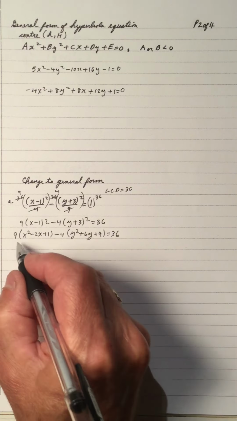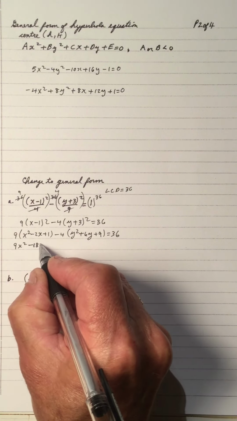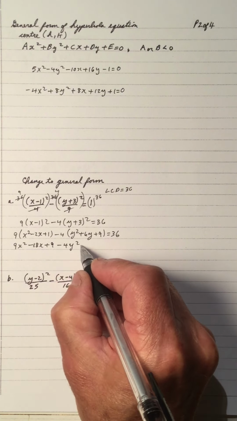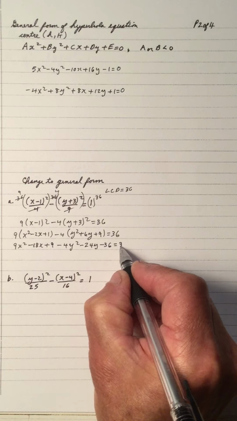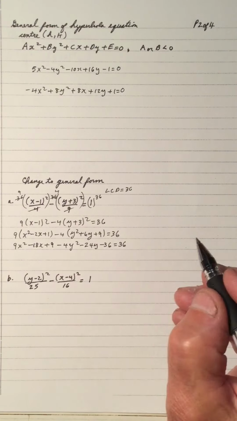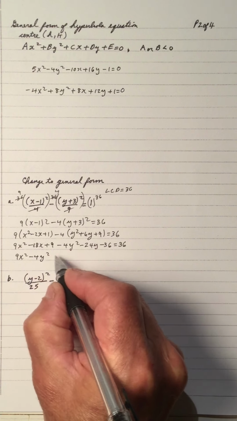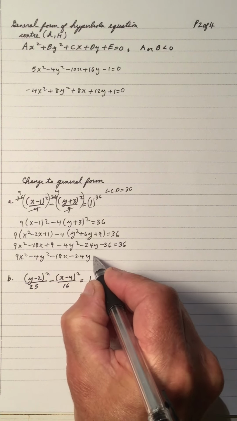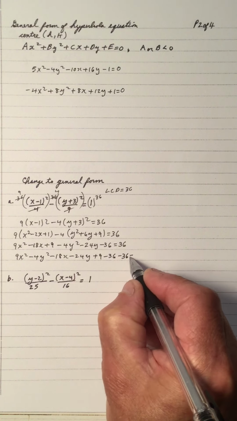And now we have to multiply to get rid of the brackets. So it's 9x squared minus 18x plus 9 minus 4y squared minus 24y minus 36 equals 36. So now we put it in order. Let's go with x squared, then y squared, then the x, 18x, then the y, minus 24y, plus 9 minus 36 minus 36 equals 0.